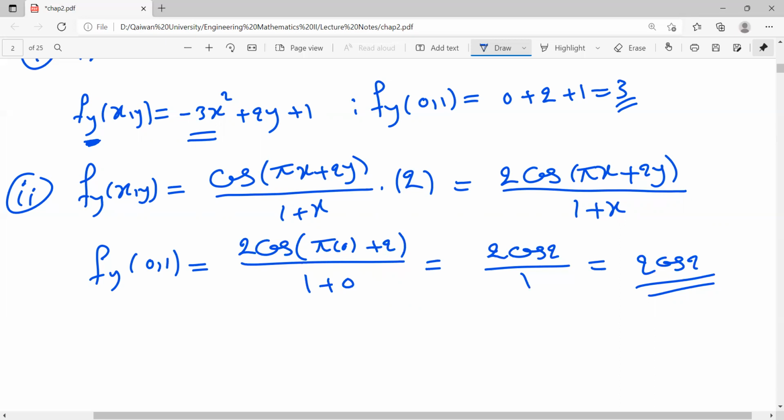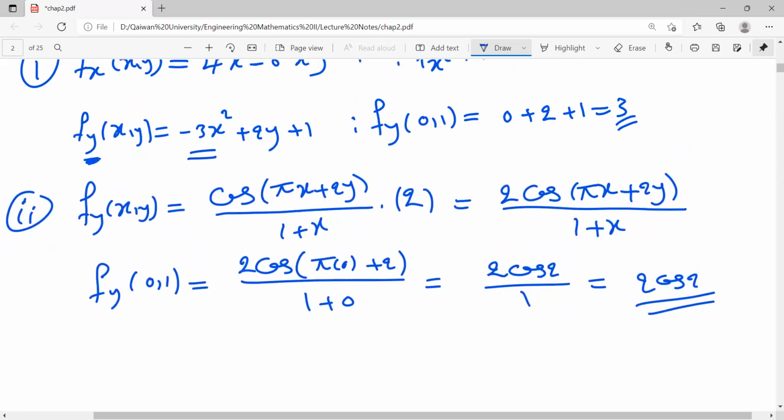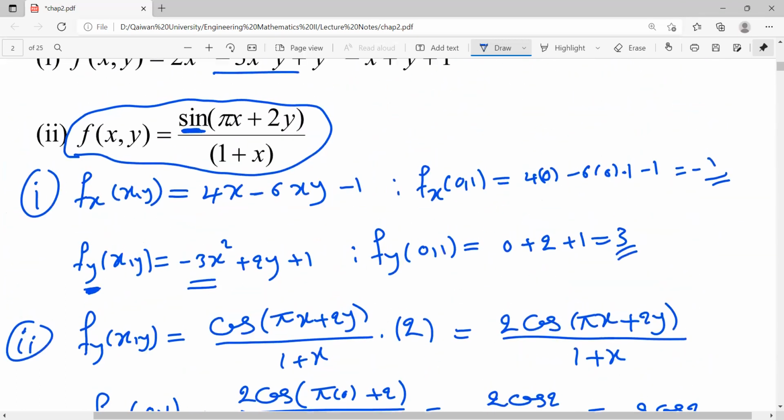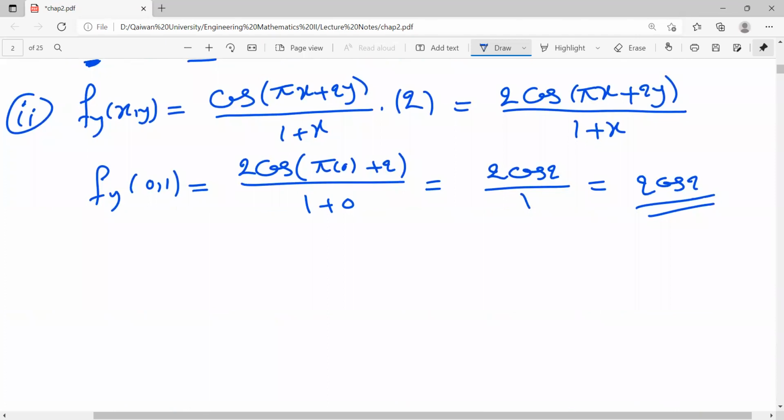Then let's find f sub x. For f sub x, let's write down the function because when I move up, it does not appear. Here, f of x, y equals sine(pi x plus 2y) dividing by 1 plus x.